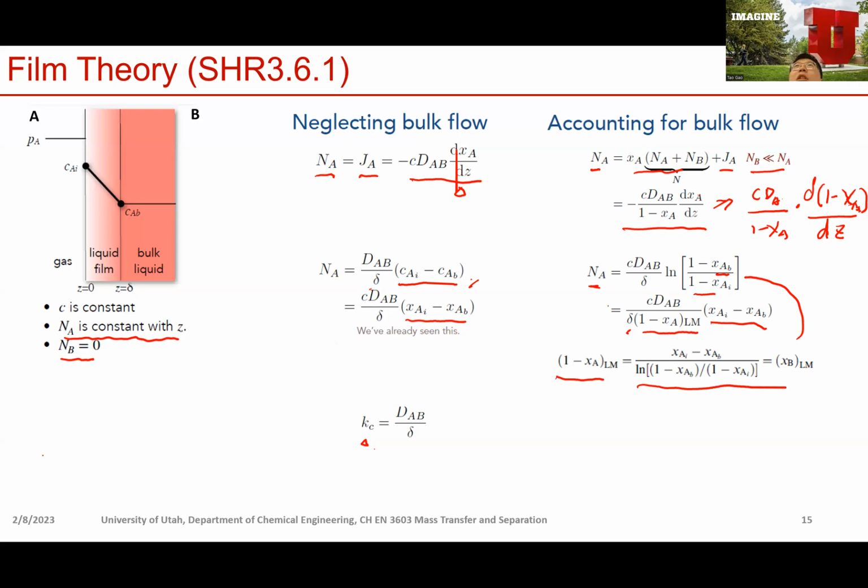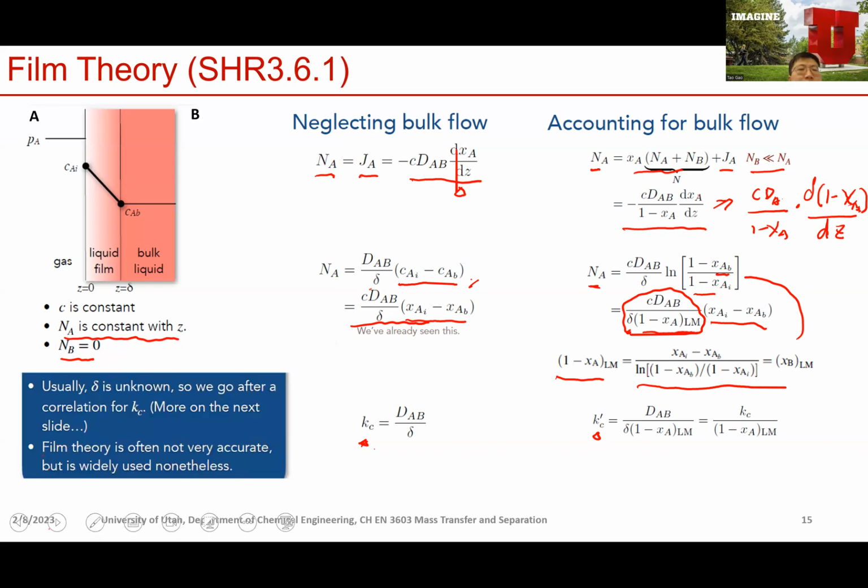This has a similar functional form to this equation. Then you can define a modified mass transfer coefficient to be the whole term here, and this whole term equals Kc, the mass transfer coefficient here, divided by the log mean of 1 minus XA, right? Now you can solve for the mass flux of this problem if you can find Kc prime. Okay.